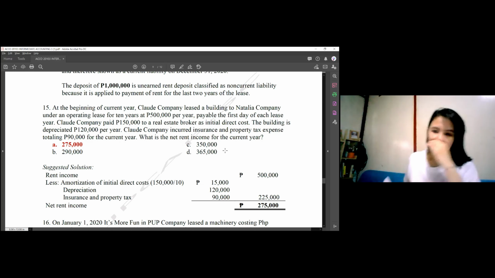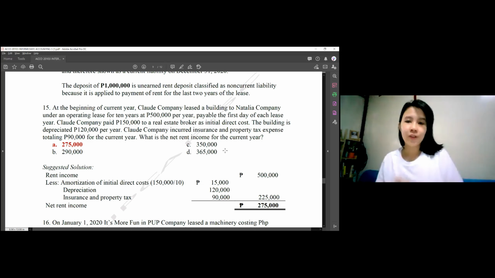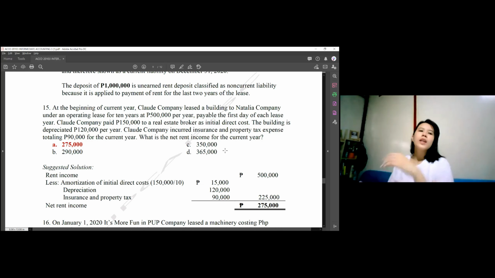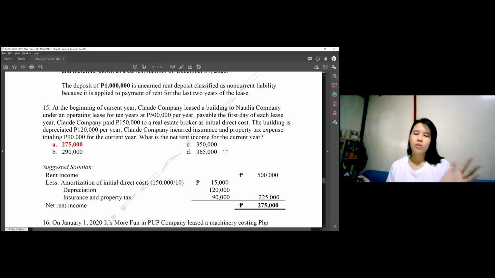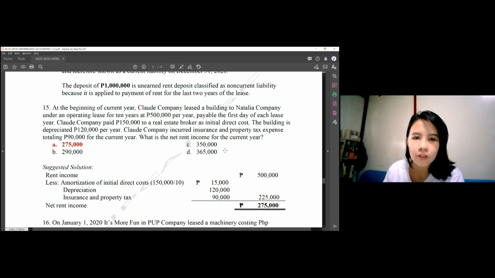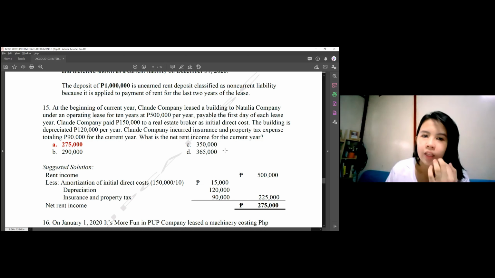So this is a pretty easy question, honestly, kasi we just get the 500,000 na payments every year. Then, itong 150,000 na to, i-amortize natin ito through that lease period. So, that's 150,000 divided by 10. Diba? So, we'll get a cost of 15,000.